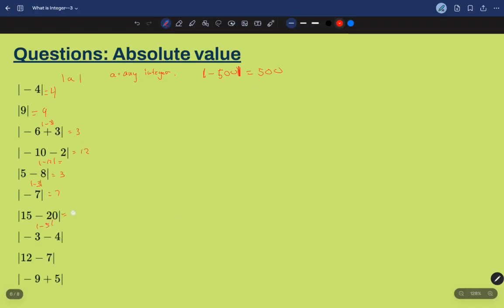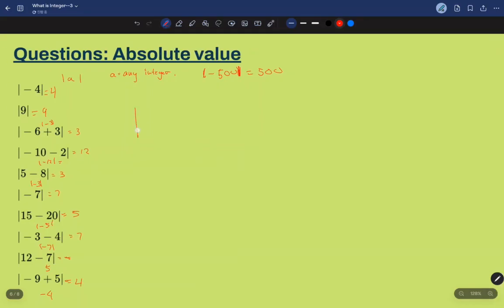Negative 5 is 5. Negative 4, so just 4. It's as easy as that.